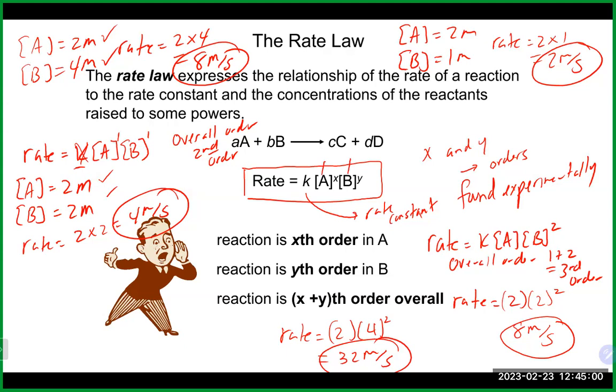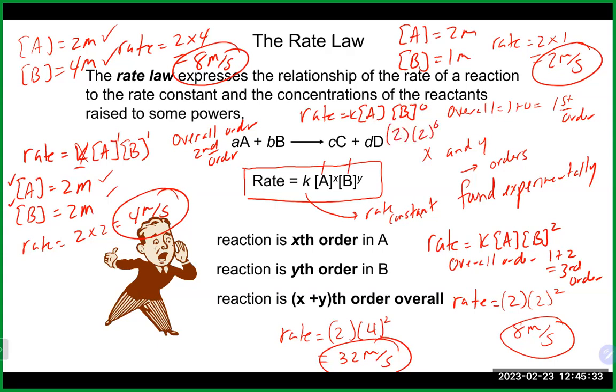By the way, if I had a rate law that was something like this, the rate is equal to K A and B to the 0. The overall order here would be 1 plus 0, which would be first order here, right? Now, in this case, when I put my concentrations like it was originally here, 2 for each, I would have 2 times 2 to the 0.